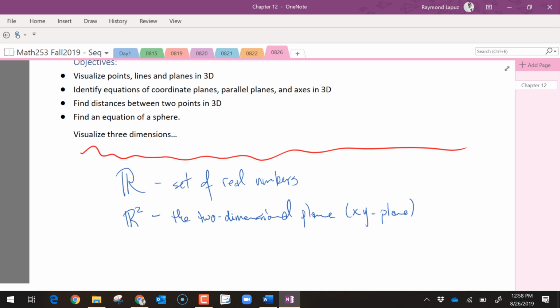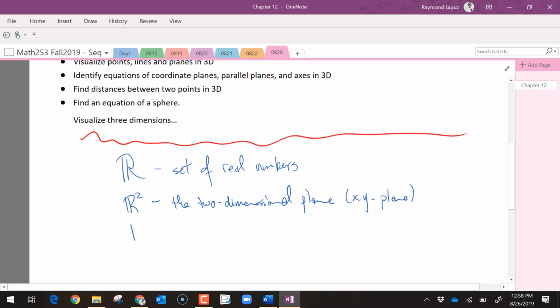But in terms of what we're familiar with, we just call it the xy plane. And then if you're talking about things in 3 dimensions, we usually denote it by R3. So again, we say R2, R3, and we don't say R squared, R cubed, to represent our different spaces that we're going to look at.